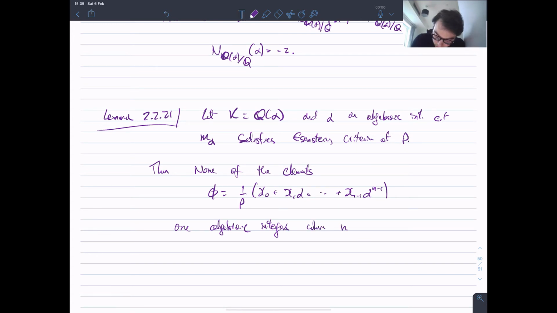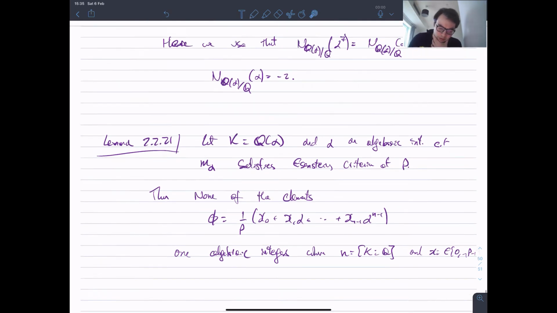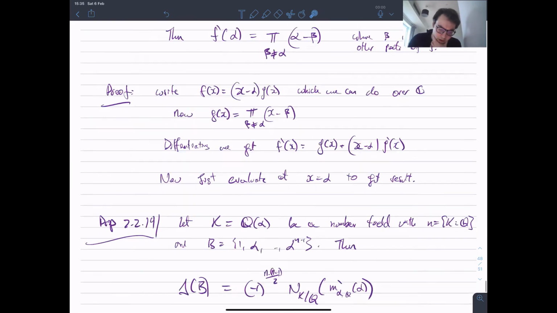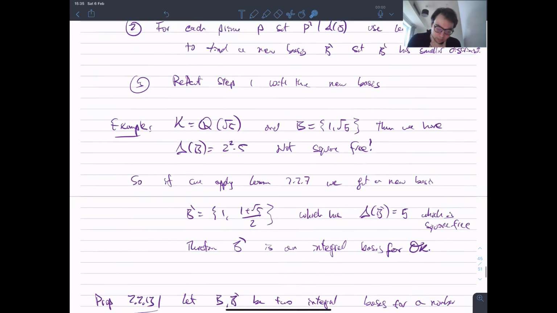Where here n equals the degree of my field, and the xi's are between 0 and p minus 1. This might look like a strange number, but from the previous lecture, I'll just scroll back, we talked about this lemma, which was giving us an algorithm for computing integral bases.